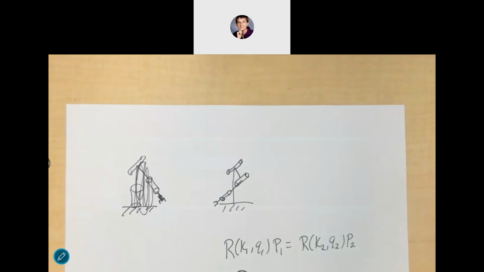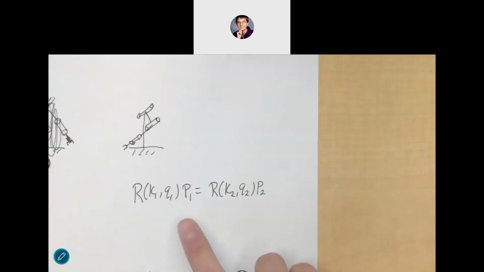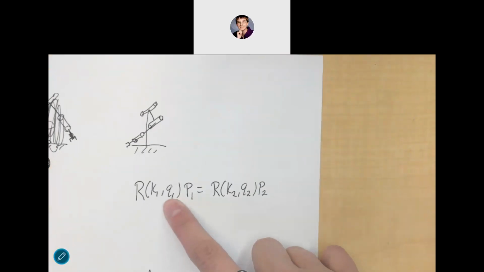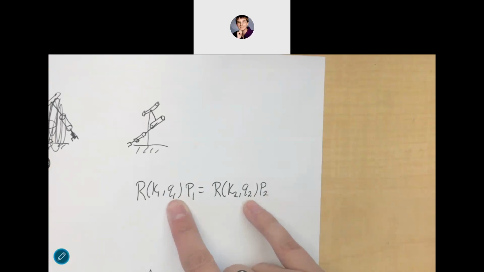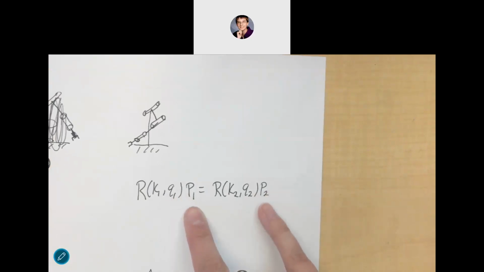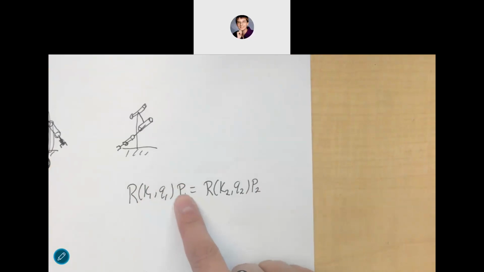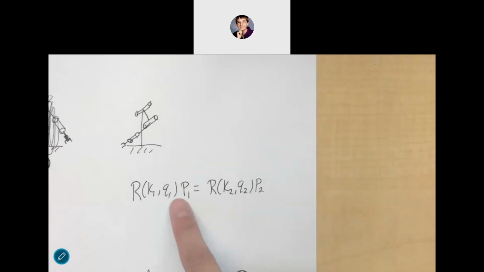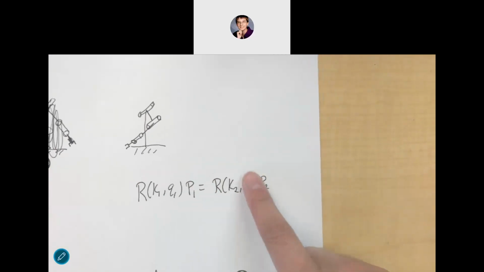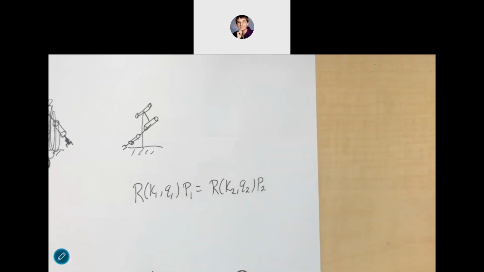So subproblem 2 looks like this, where we have unknown q's on each side. What we're doing is rotating each of these vectors. When we rotate a vector, this forms a cone, and this forms another cone. We're looking at where those two cones intersect to find Q1 and Q2.